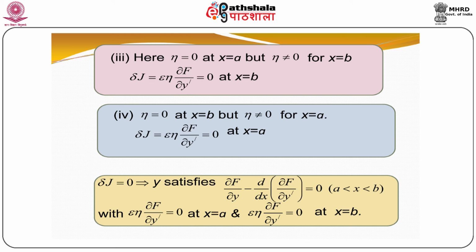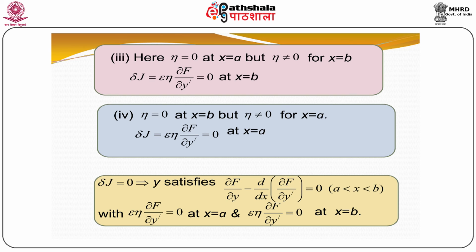This finally gives the variation of J, delta J, equal to epsilon into eta into the first order partial derivative of capital F with respect to y dash equal to 0 at x equal to a. As eta equal to 0 at x equal to b, this vanishes automatically at x equal to b.